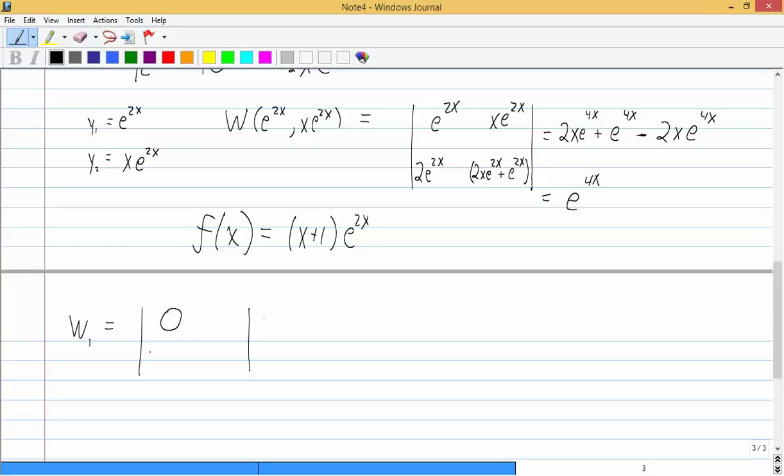So that's going to be x plus 1 times e to the 2x. Now, your second column is always equal to your second answer, your y sub 2 that we got. That was x e to the 2x. And then you have to take the derivative of that to put beneath it. Okay, so that would be, we've already done that once, 2x e to the 2x plus e to the 2x.